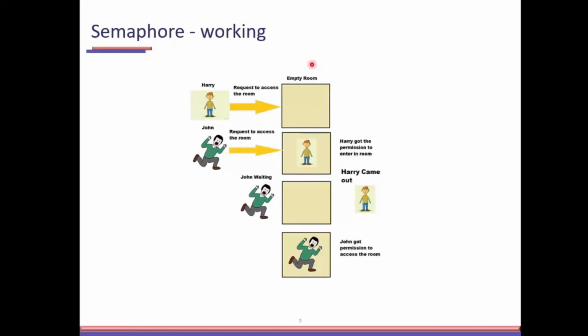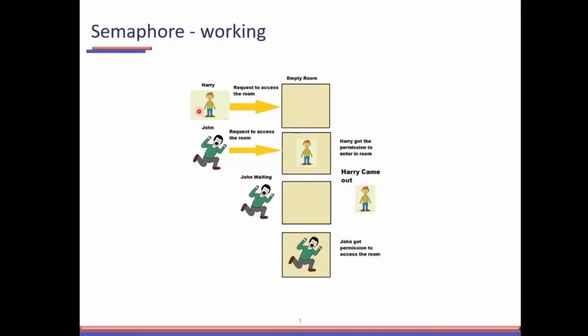However, the condition is that only one person can be in the room at a time. So Harry requests access to the room. At the same time, let's say John also requests. However, the access is given to Harry. So Harry now enters the room.